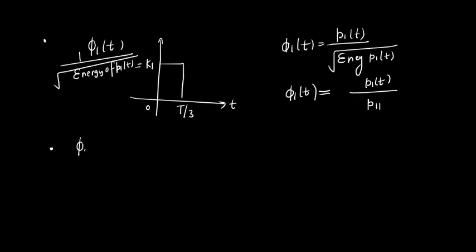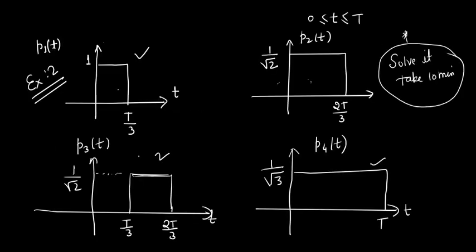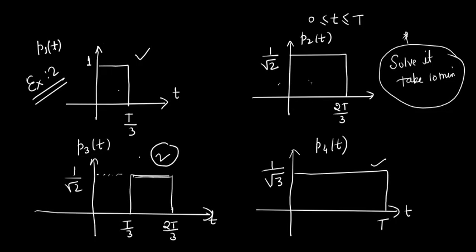Now we need phi 2T. So what do I do? By my observation I will take this as the second one. Tell me the reason.